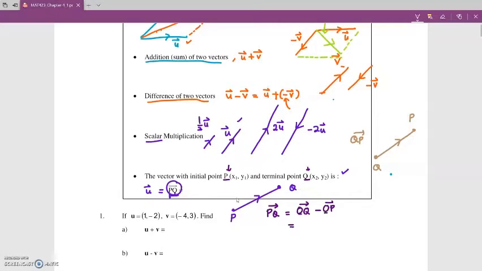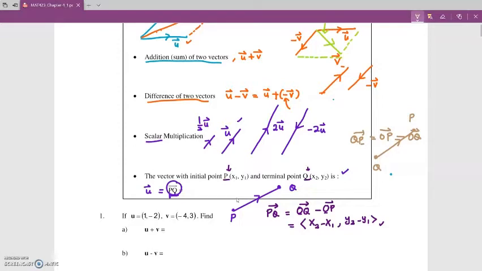So it is x2 minus x1, y2 minus y1. This is the general formula. If you have QP, the general formula is position vector OP minus OQ.